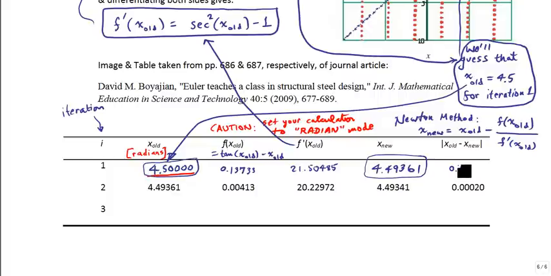And the reason for that is because we started out with a pretty decent guess. We could see from the graph where our first root should be, and we were pretty close in our guess because it's 0.01 for all intents and purposes. Now, I went ahead and left the values for iteration 2, and you can verify that on your own.